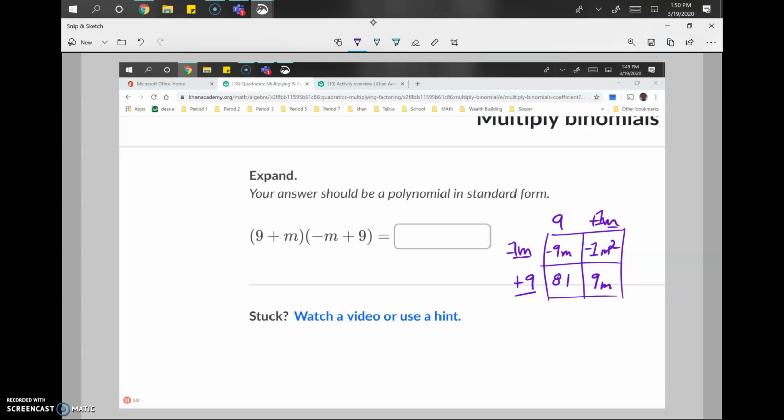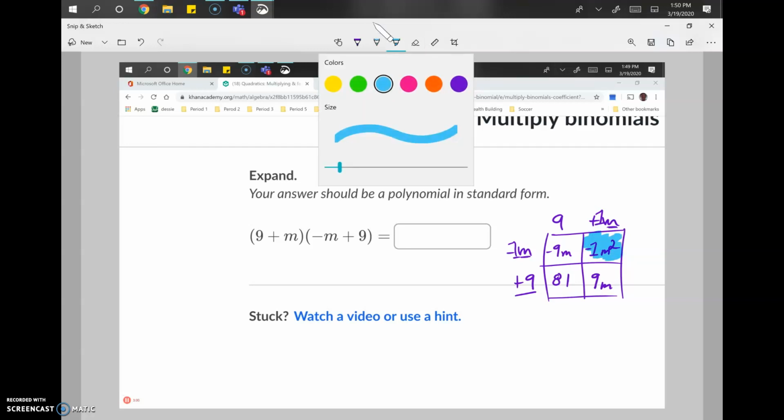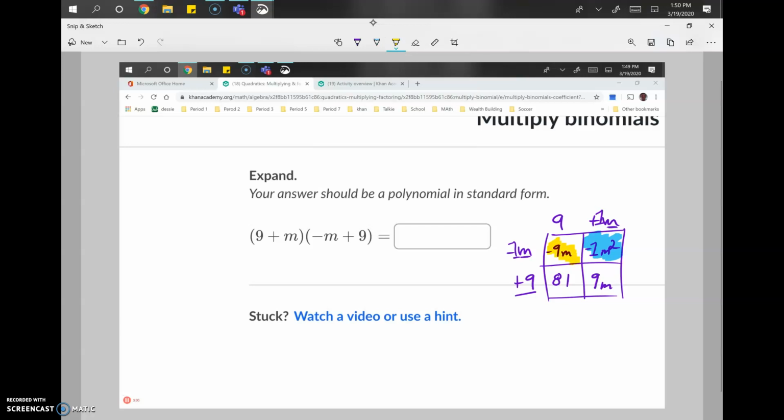When you look at this box, you can see it's set up differently than our previous boxes. There's our highest exponent. There's our two middle terms, the two terms that we're going to combine. And there's our constant. Normally the blue is in the top left, the yellows are kitty cornered, and the green is over in the bottom right, but it's because we set up the box differently. So our final answer here we can rewrite with the highest exponent first, so we got negative m squared.